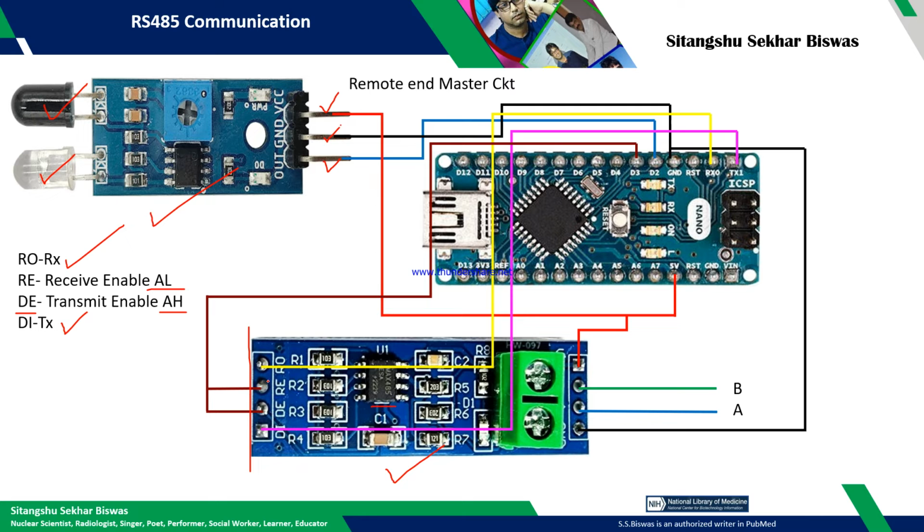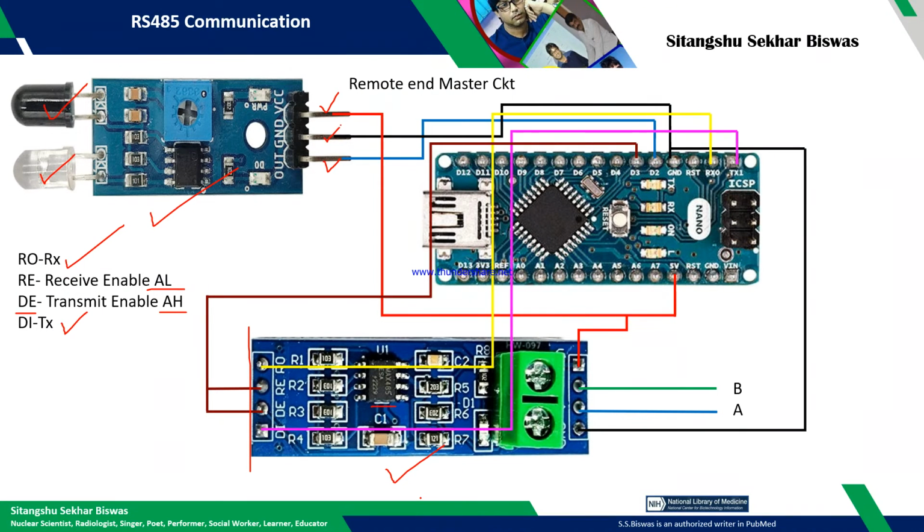So what I did here, at a time I want to do either transmission or receiving of data. So that's why I shorted this RE and DE, and I have given one pin, D3. Through this D3 I will be controlling this device, whether it will be used for transmission or for receiving data.